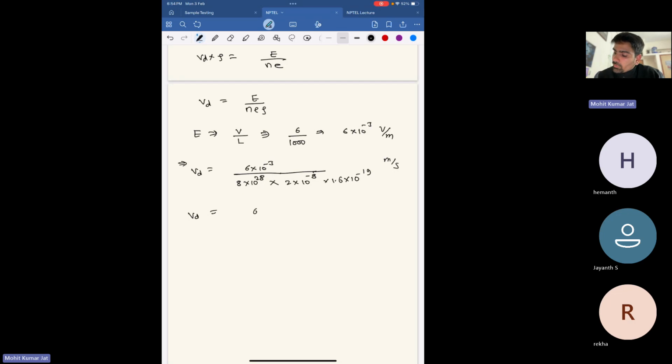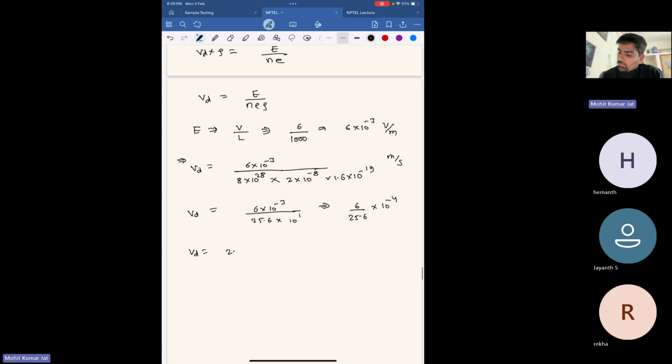Let me do it: 8 into 2 into 1.6 is 25.6. So this will be 6 divided by 25.6 into 10 power minus 4. So Vd will be 6 divided by 25.6, that will be 2.34 into 10 power minus 5 meter per second. So this is your speed.